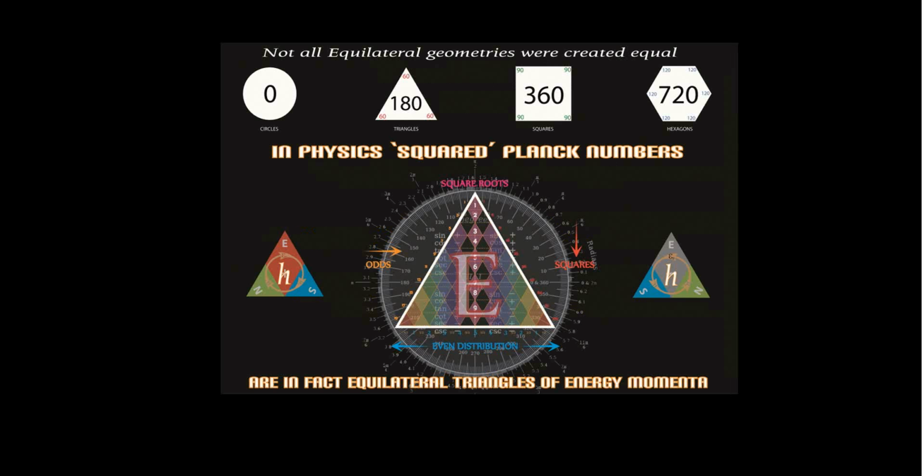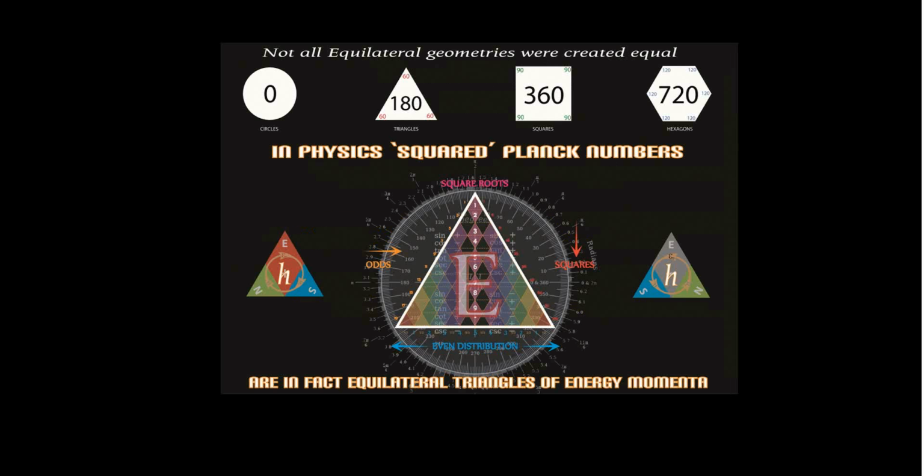So what is termed squared in our vocabulary and in physics is in fact not a squared number at all. It's an equilateral number, or even more appropriately, a triangular number, because energy itself is triangular and it's made up of smaller equilateral triangles of Planck quanta.